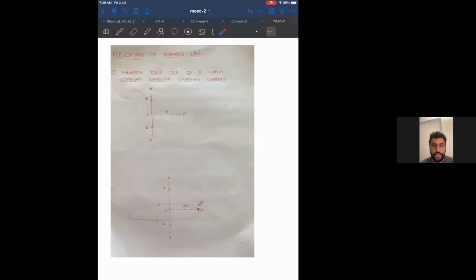You understand? What do I have to find? The magnetic field, correct? Where? At a point, correct? Where is that point placed? A point is placed next to a long, straight conductor carrying current.